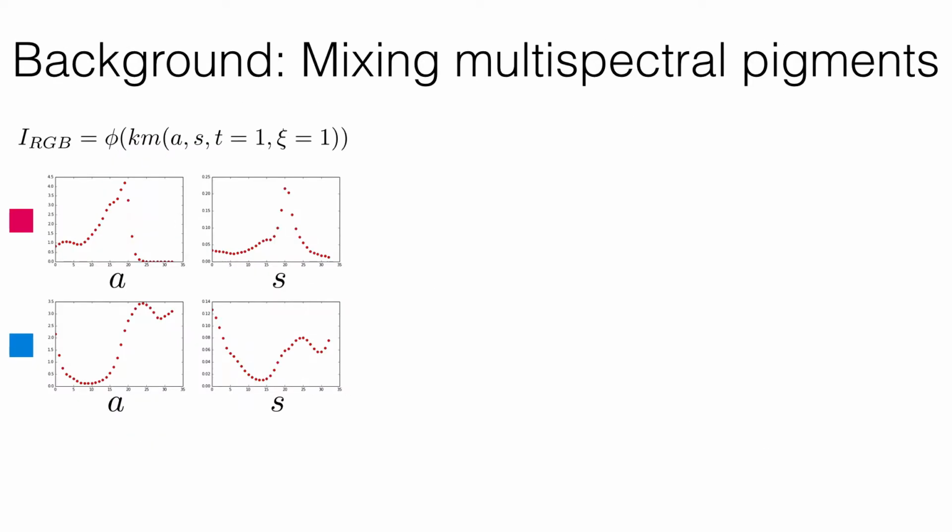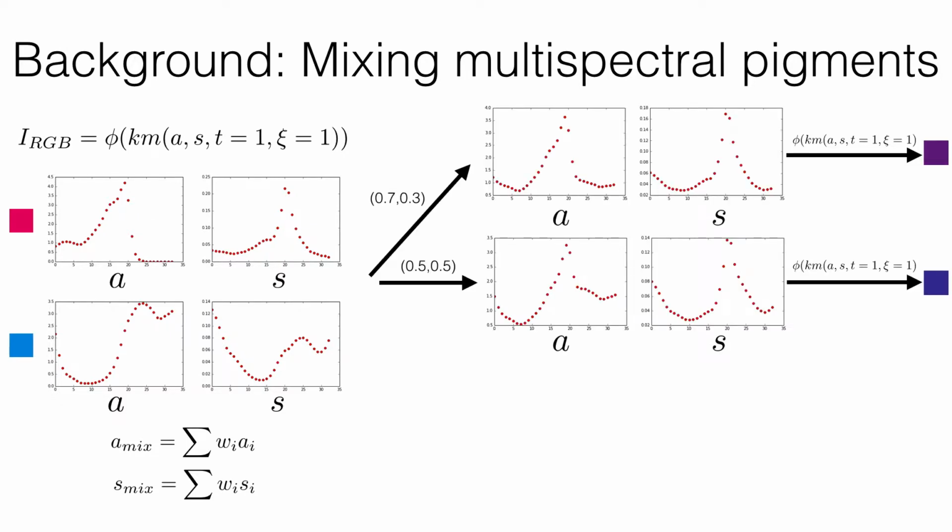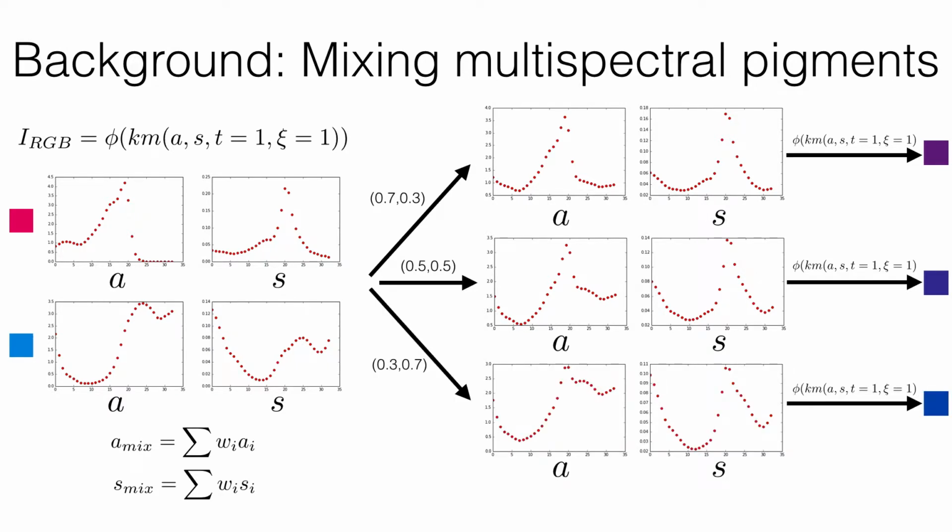When we mix two pigments, the mixing of two pigments' absorption and scattering parameters is linear. However, the Kubelka-Munk model is a nonlinear color compositing model. Here we use thickness equal to 1 and canvas reflectance also equal to 1 when rendering these RGB mixing colors. Canvas reflectance equal to 1 means that this is white.